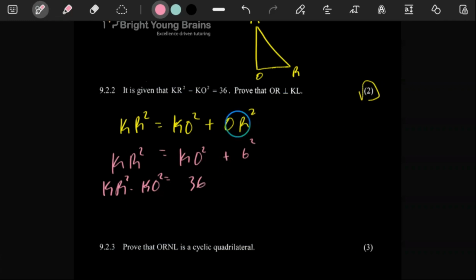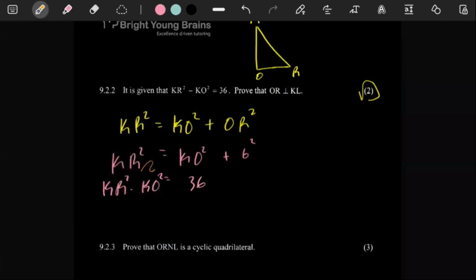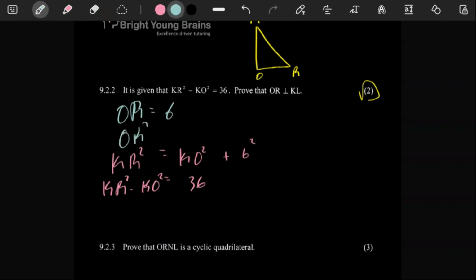To be honest with you, these are one of those weird questions where what we know is, even if you maybe did not start like this, what you already know is that OR is equal to 6. So if you square OR, you get 36, you see.